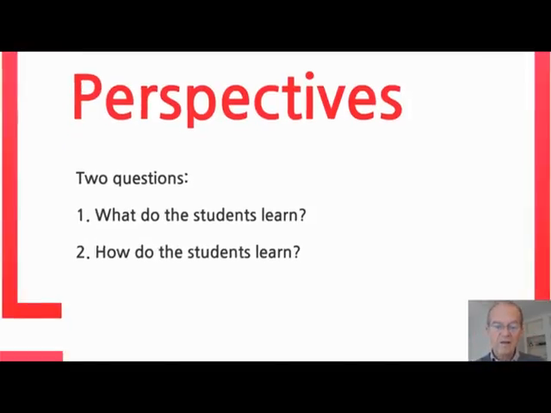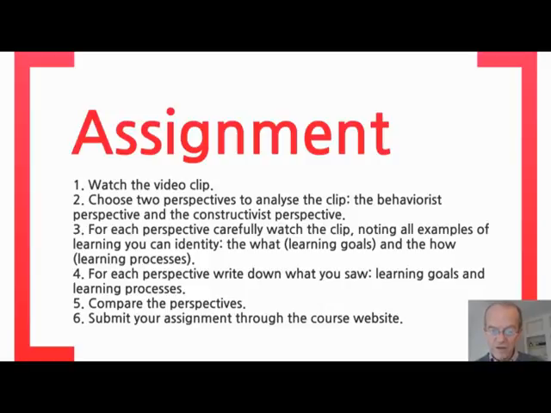So that's what you basically have to do. You watch the clip, choose the two perspectives. For each perspective you re-watch the clip, noting all examples of learning you can identify, the what and the how, so the learning goals and the learning processes.